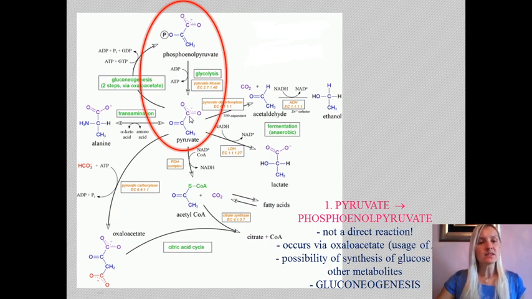Having this in mind, it is possible to synthesize glucose molecules from non-carbohydrate metabolites, from fatty acids, from acetyl coenzyme A, from amino acids, and so on. We're going to talk in more detail about the events in such a process in the gluconeogenesis pathway. So this is one of the possible fates: conversion of pyruvate to phosphoenol pyruvate via oxaloacetate in the metabolic pathway called gluconeogenesis.